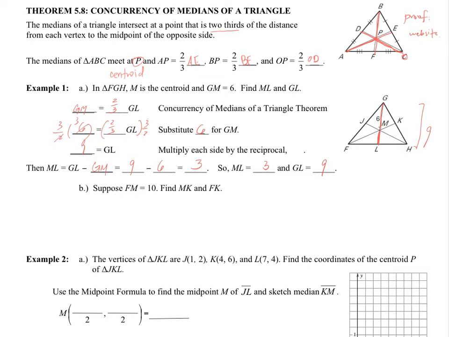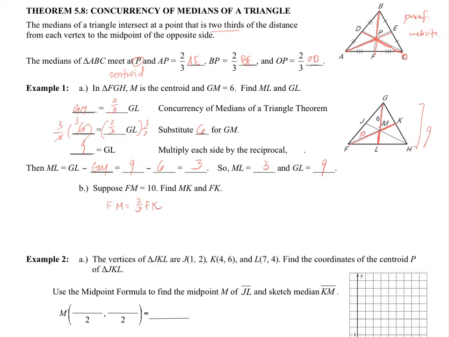Now part B, suppose FM is 10. By following the same procedure as part A, we can find MK and the entire length of the median FK. So I'm going to go ahead and set my formula up. FM equals 2/3 of FK.